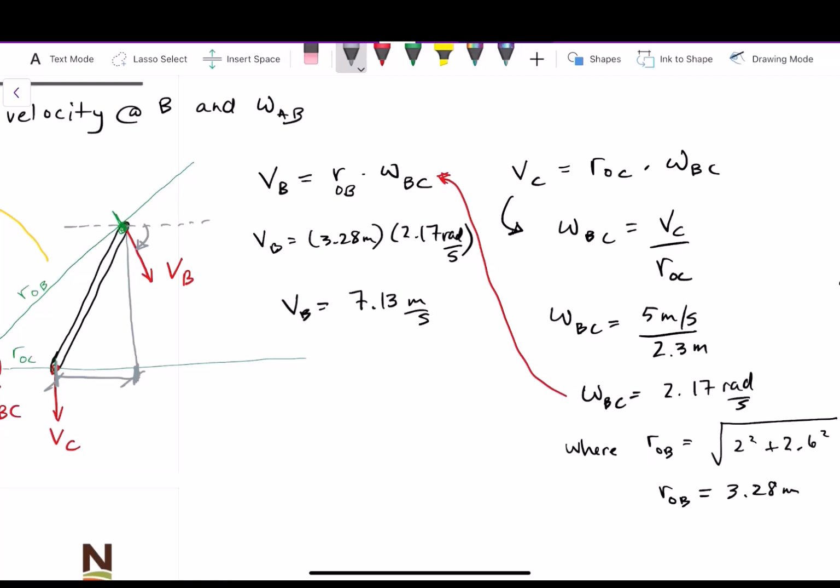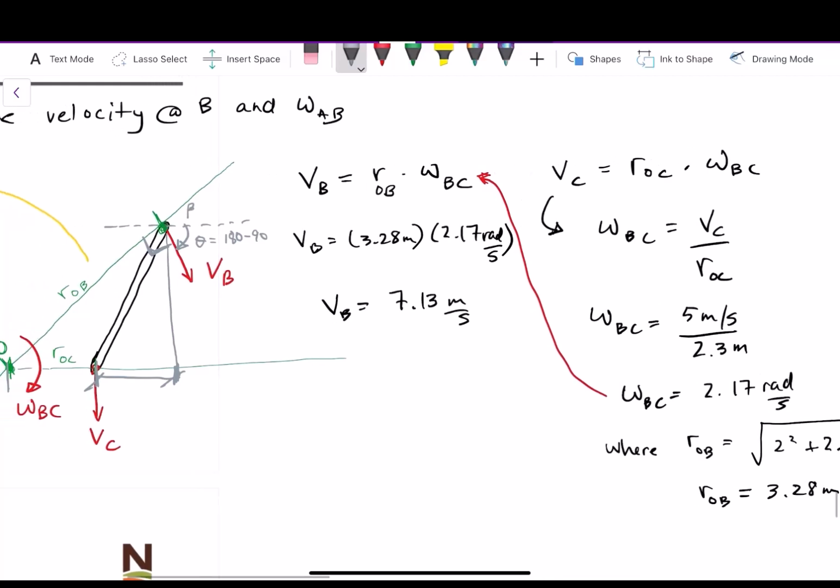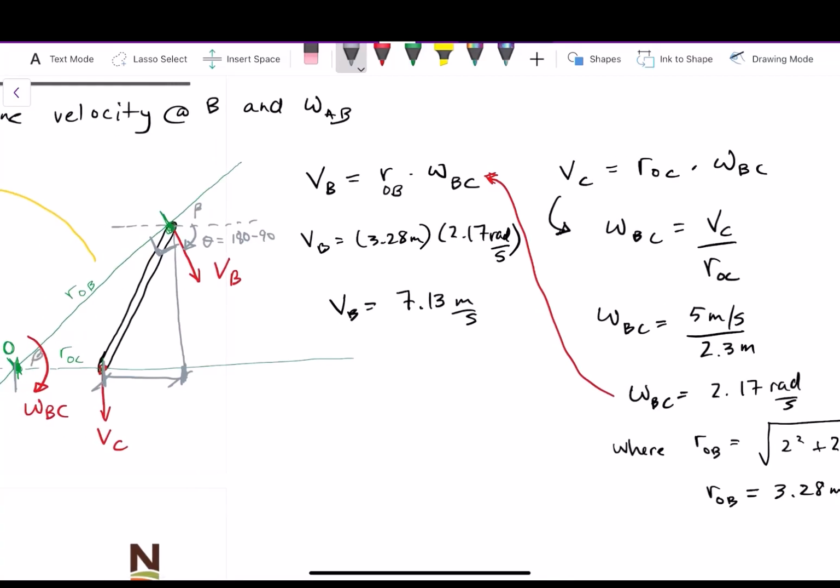And this angle would be, we'll use a theta again, and I'm going to say it's a total of 180 on this side. So 180 minus, we do know it's minus 90 because that's this angle right here. So all we're left with is this other smaller angle in there. Well, that smaller angle is the same angle in the corner here, right? Right in that corner, it's the same angle.